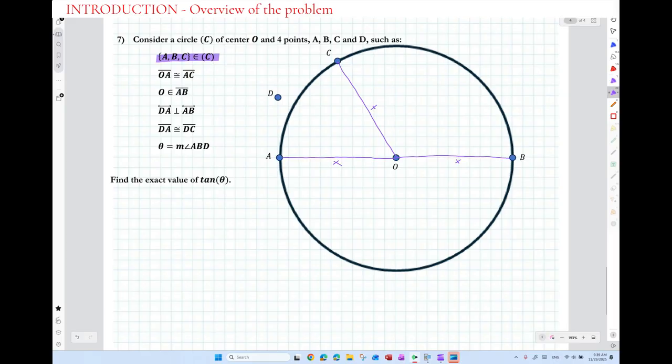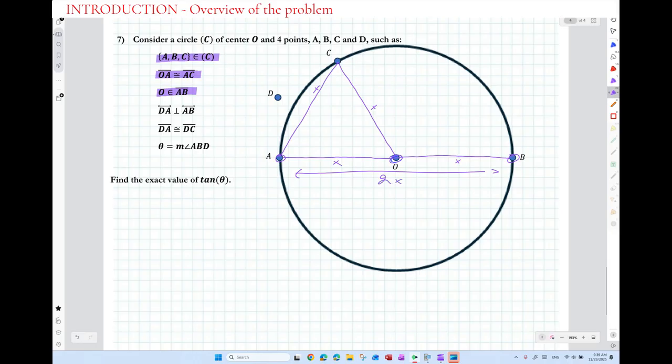And I've got another statement, which is two segments that are congruent, OA and OC. So this also is x. Another statement that I have is that O belongs to AB. It's just important to have those 3 points linear, which means that the distance AB is twice x.